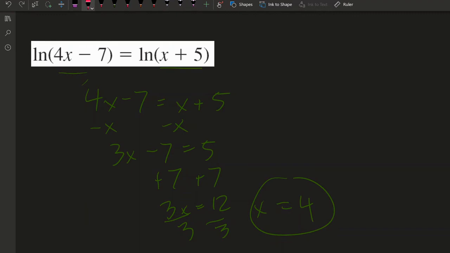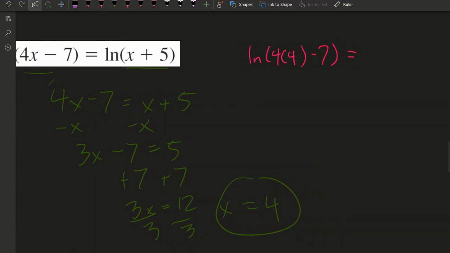So I'm just going to plug this in. ln of 4 times 4 minus 7 is equal to ln 4 plus 5. So I get the natural log of 16 minus 7, which turns into the natural log of 9.